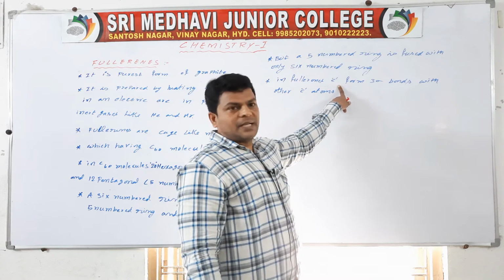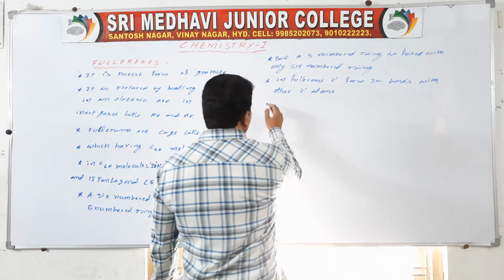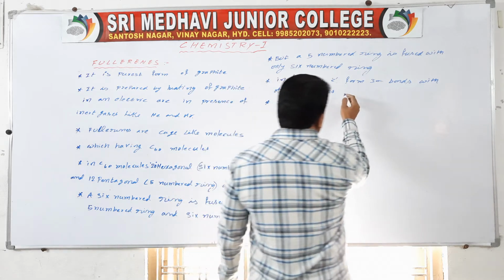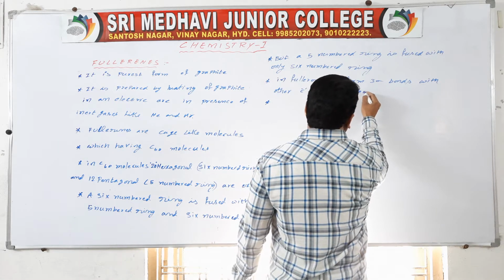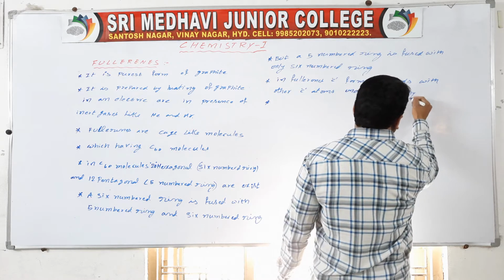In fullerenes, carbon is the central atom which forms 3 sigma bonds with other carbon atoms. Okay, it undergoes sp2 hybridization.